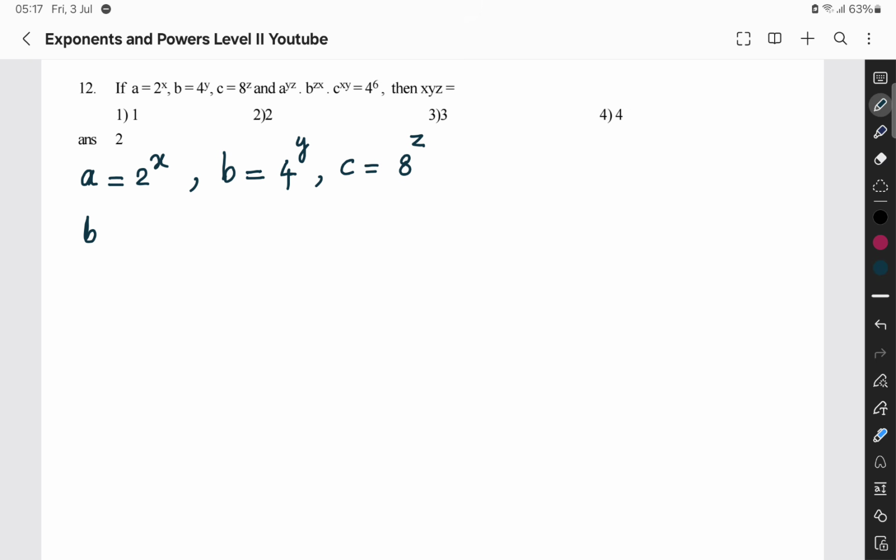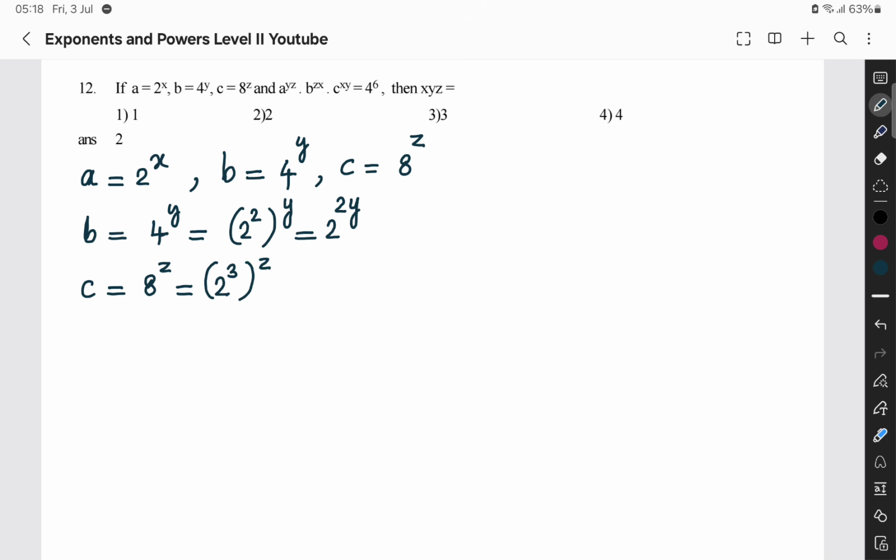So, b I will write 4 power y, that means I can write it as 2 square whole to the power of y, which is 2 to the power of 2y. C is 8 to the power of z, that is 2 cube whole power z, which is equal to 2 to the power of 3z.